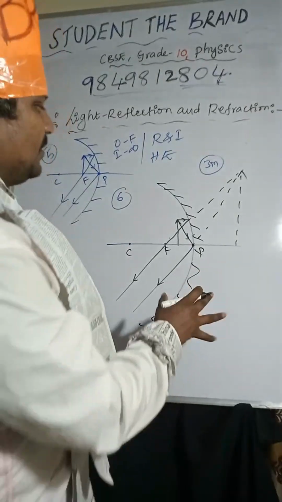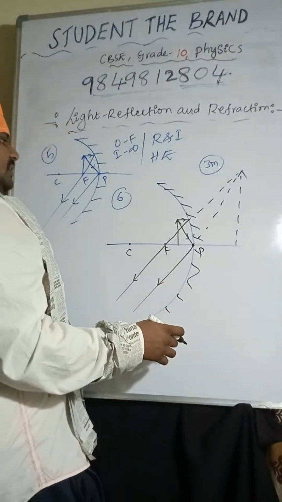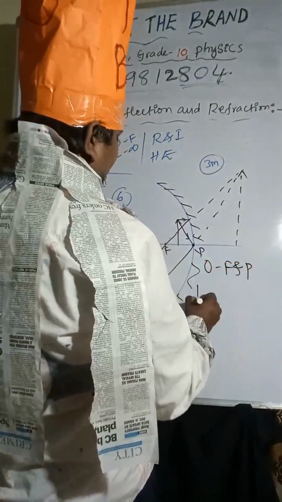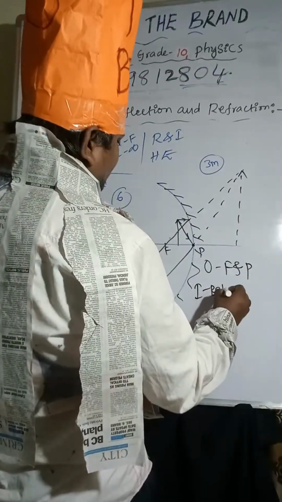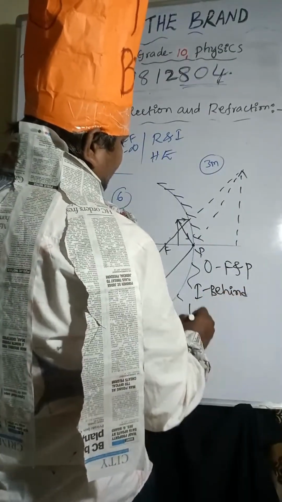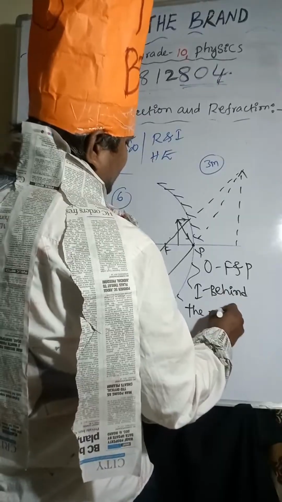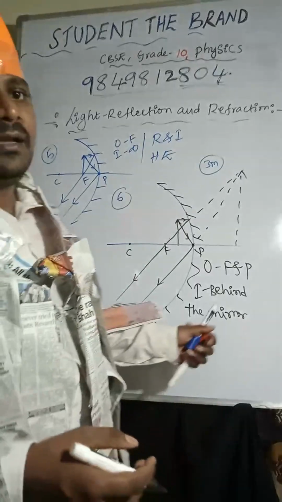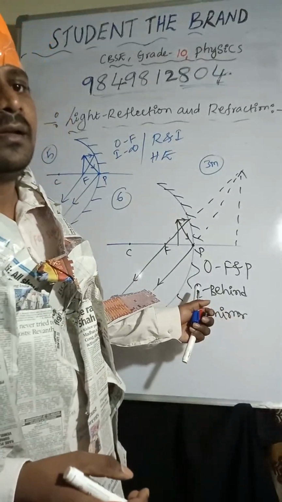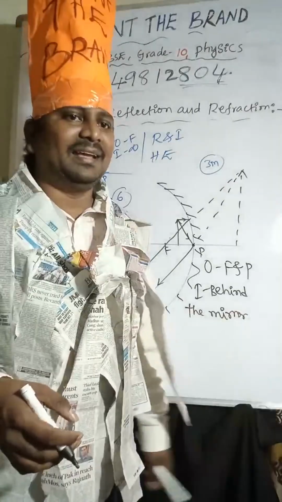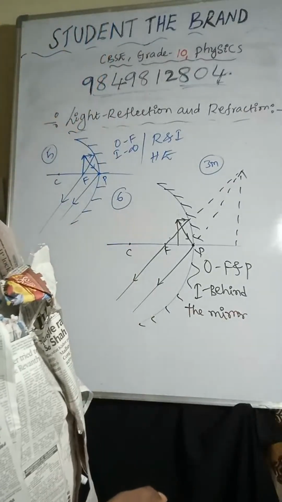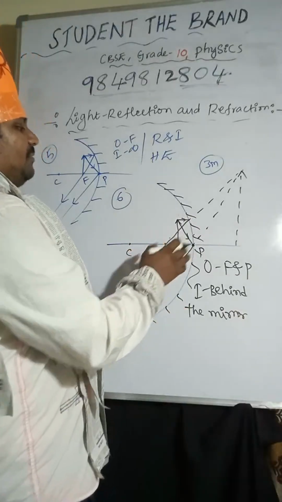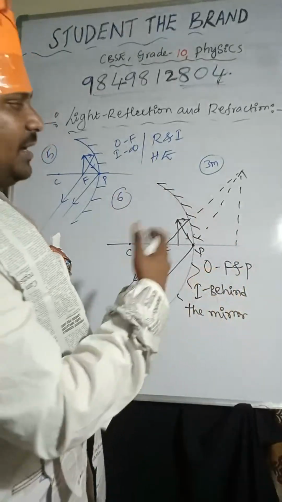Okay, so make sure that you are practicing this one. Object is placed between F and P. Image will form behind the mirror.